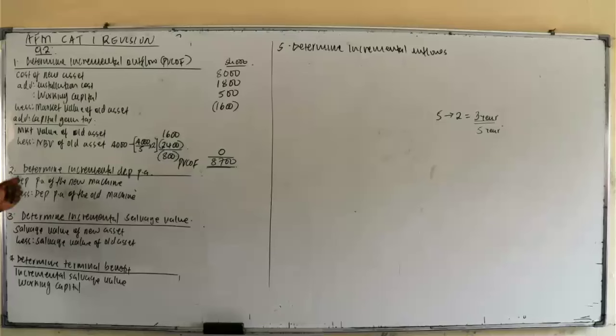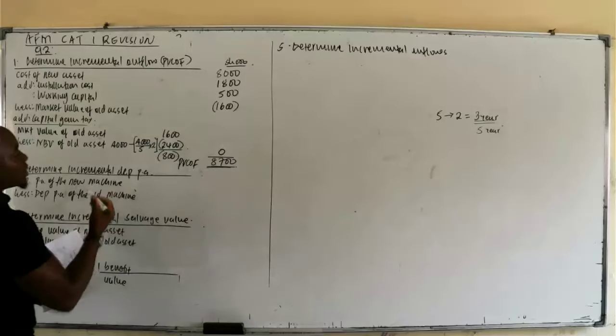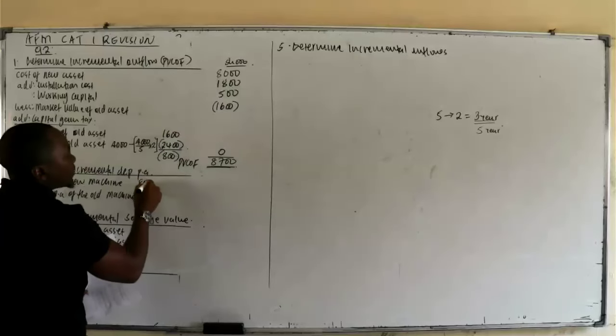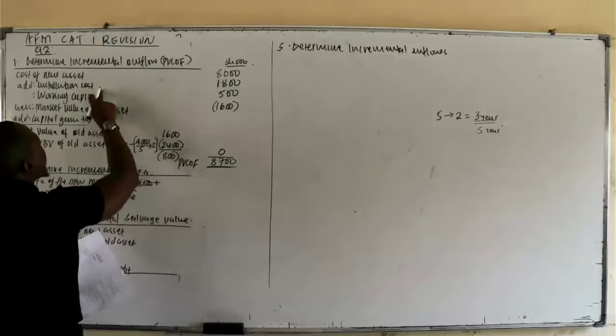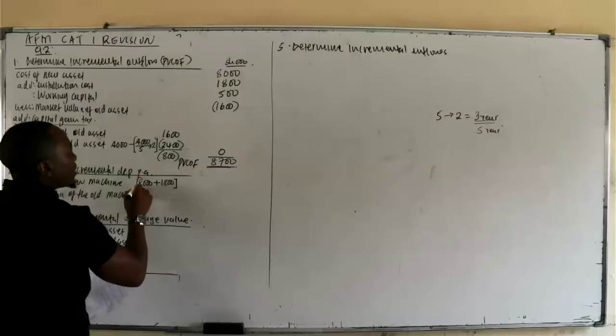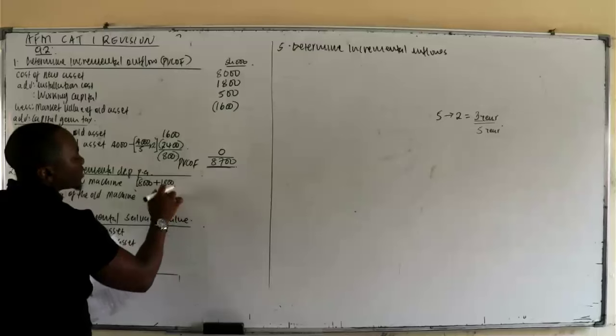Step number 2. We determine the incremental depreciation per annum. Depreciation will have an effect on the tax shield benefits, so we take the depreciation per annum of the new machine. The cost of the new machine will be 8 million. Then we capitalize the installation cost of 1.8 to get the cost to capitalize on initial recognition.